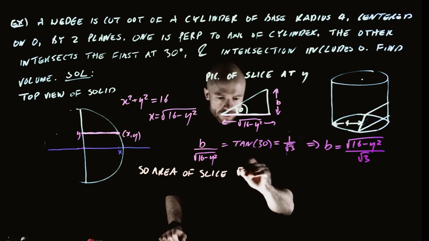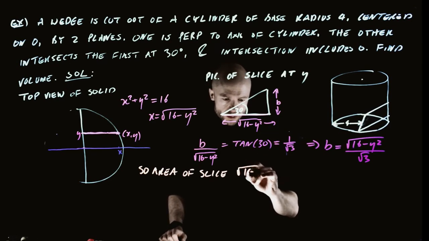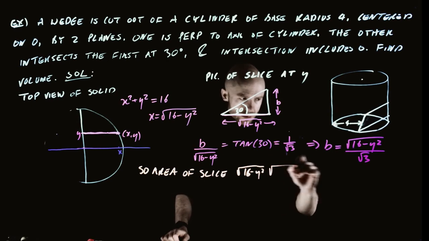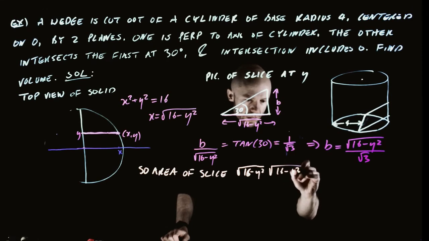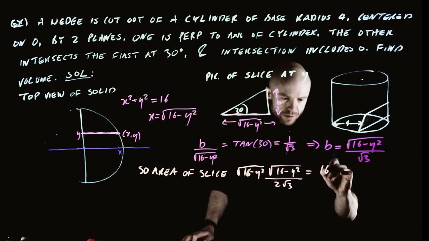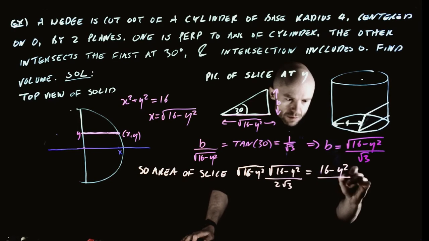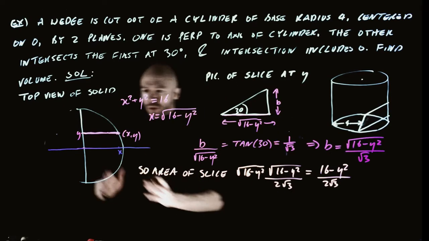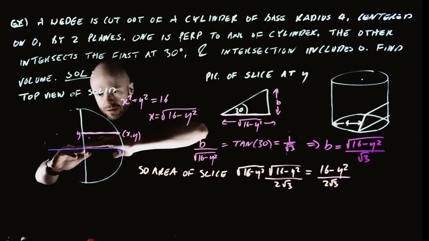So we're going to have the square root of 16 minus y squared times the square root of 16 minus y squared over 2 root 3. So that's going to be 16 minus y squared over 2 root 3.